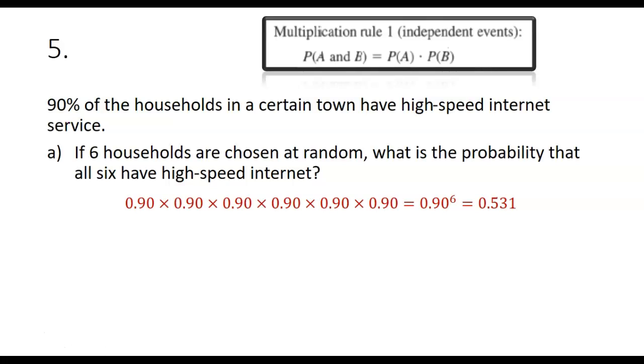So we're looking for what's the probability that X, that is the number of times that actually does happen out of the 6 times that it could happen, turns out to be all 6. So this would be a binomial probability question where N is 6, P is 0.90, and X is also 6.